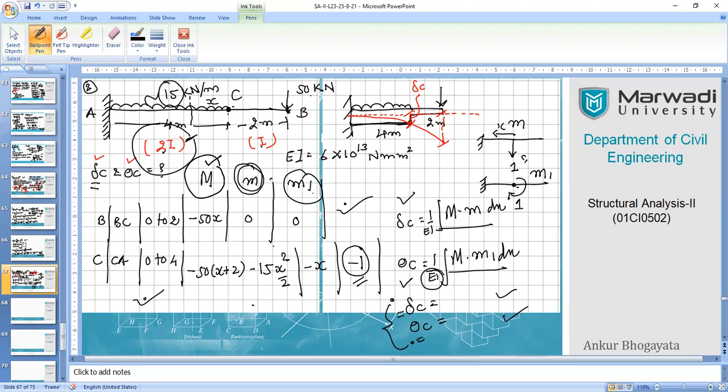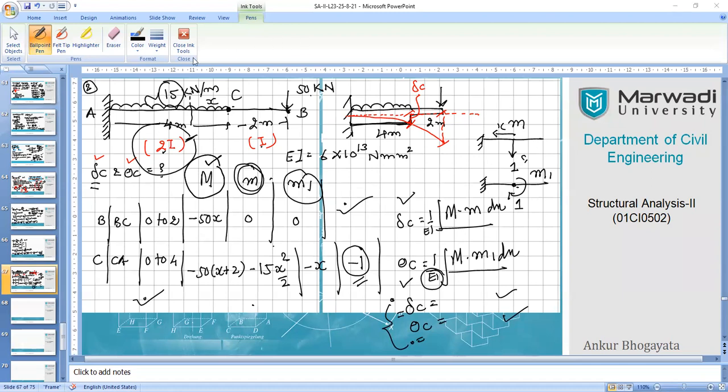And in case of the rotation at the same point, you need to apply a unit rotational movement or moment, right? So M1 is nothing but the generalized equation induced in the member itself due to the application of unit moment. Here I have demonstrated it.